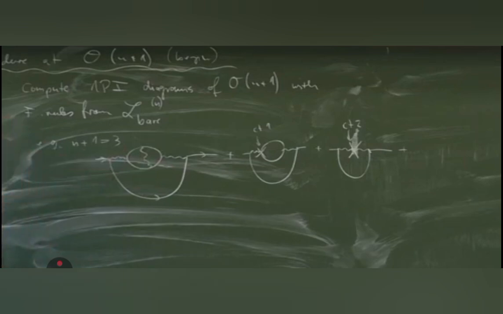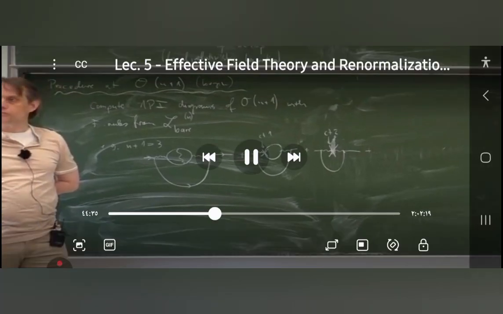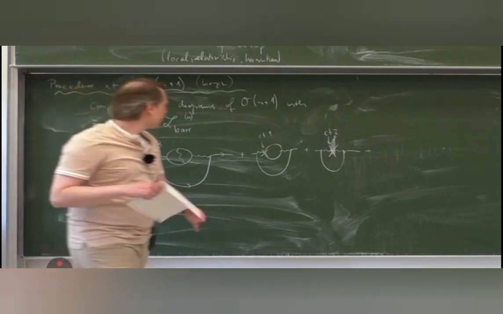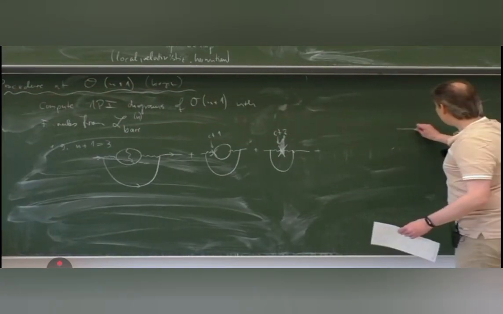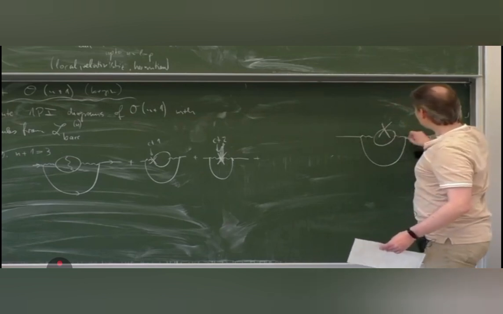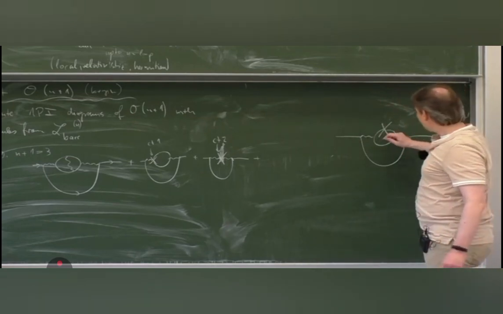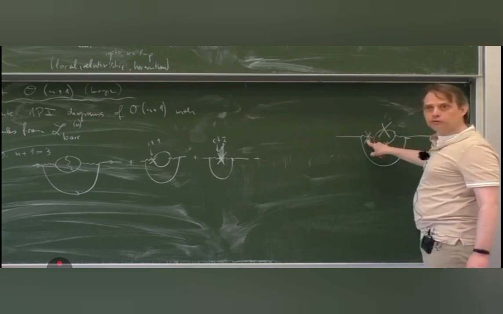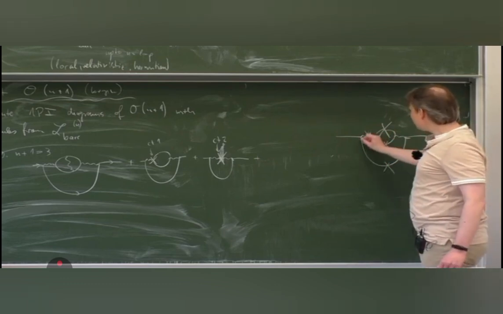Yes? In the diagram in the middle, do I need to add up another diagram where the other vertex? Yes, yes, yes. And there are many more diagrams. For example, there would be also such diagrams where a counter term is here, where the counter term is there, where the counter term is here, where the counter term is here and here, everywhere.